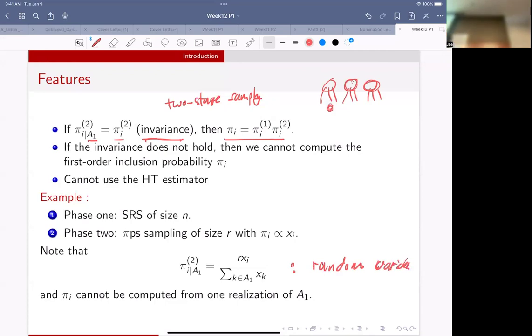Even though the xi in the finite population is fixed, the way in which we select is random, right? So then the denominator will be random. So r is fixed, xi is fixed, but this denominator is random. So the conditional probability will be random.